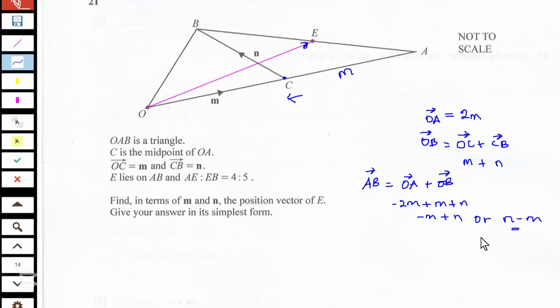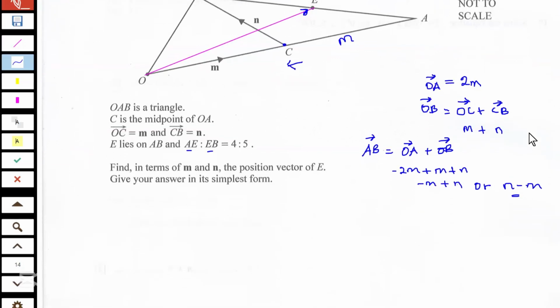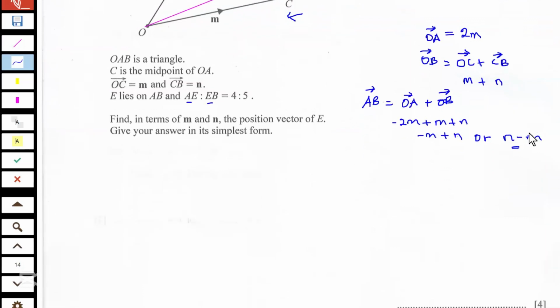Still the same. Okay. Now, from the instructions given for the ratio of AE to EB, we have ratio 4 to 5, and E lies on AB. So now let's find what vector AE is.